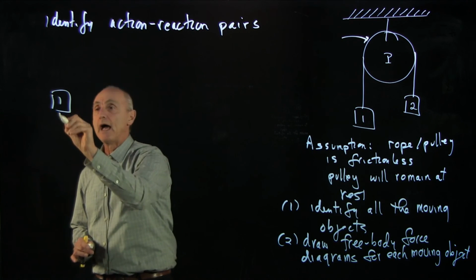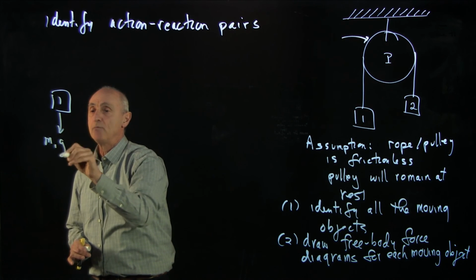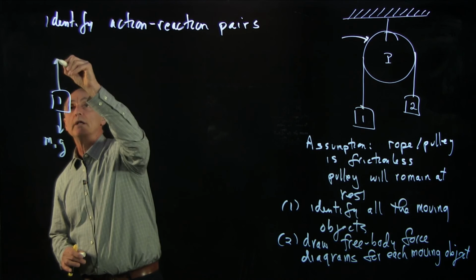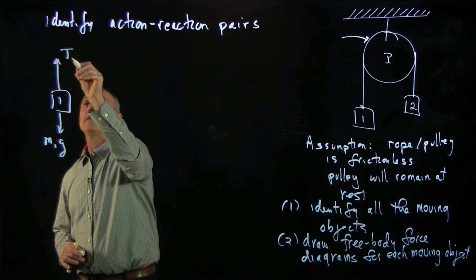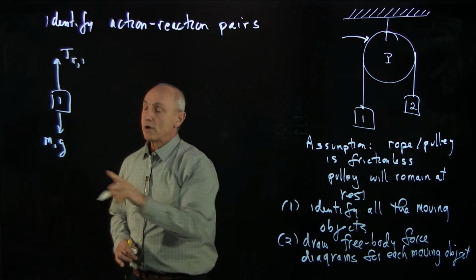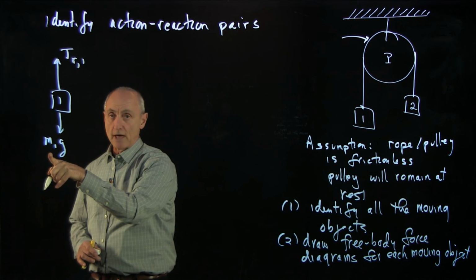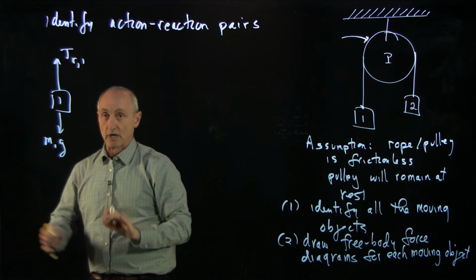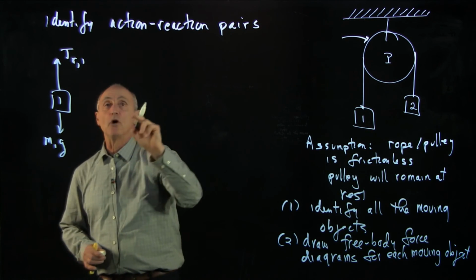Object 1 has a gravitational force, m1g, and the rope is pulling object 1 up with the tension at the end of the rope, T rope 1. So the action-reaction pair to m1g is the force of this mass on the Earth, which we're not considering. What about the rope?